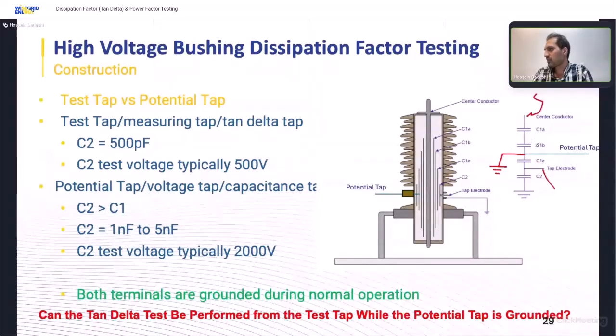When we have a grounding connection from the potential tab, we will not get any value and maybe the test kit will give us some error. So if a bushing has both potential and test tabs, we need to open both of them and measure bushing capacitance and dissipation factor.